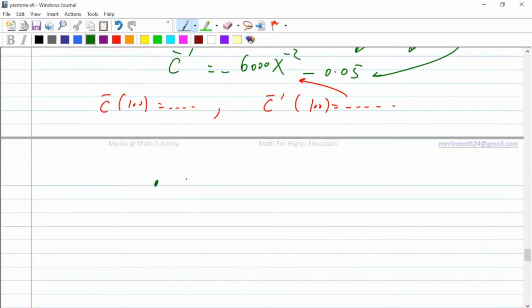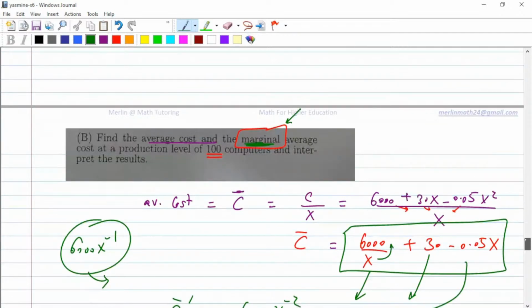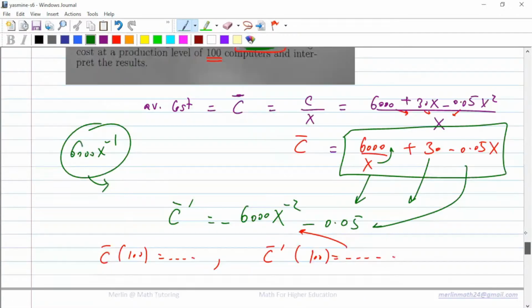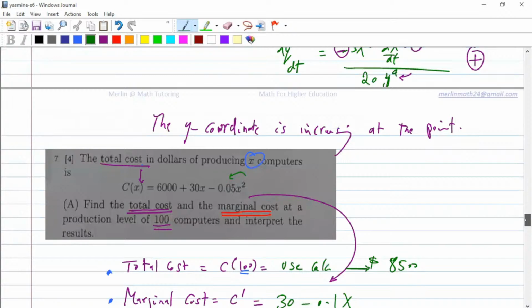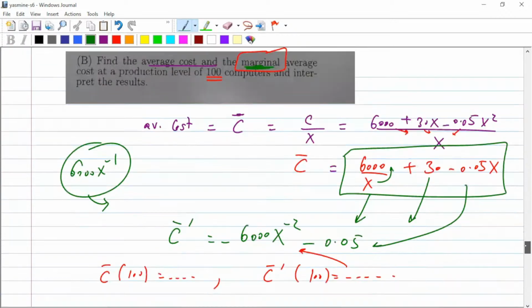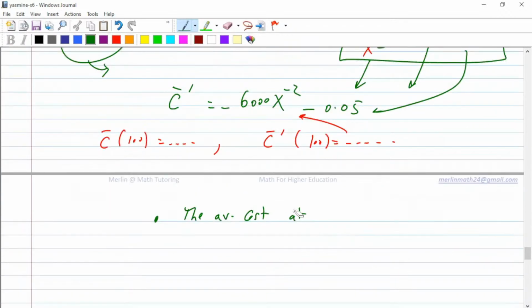But how do you start? You say average cost is the average cost at or of producing. You want to write the same statement. Okay, of producing. Okay, 100, is it same 100? Okay. The average cost of producing 100 computers is, what value do you get? You write.